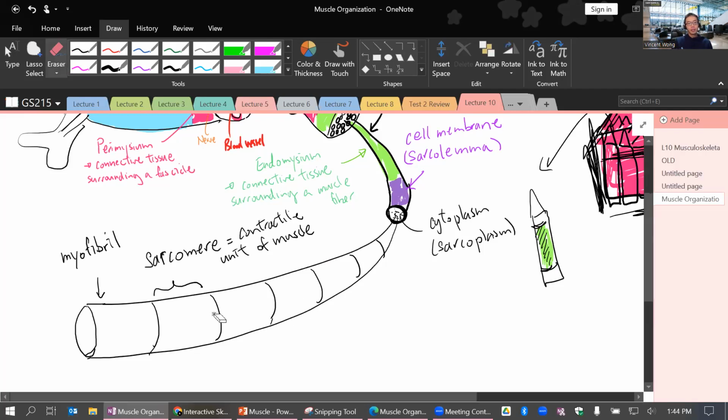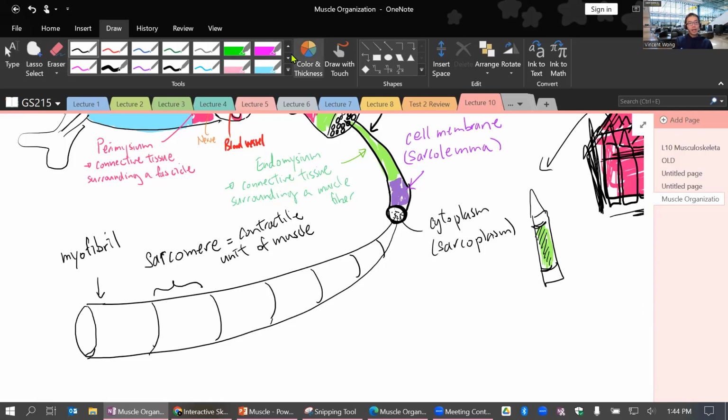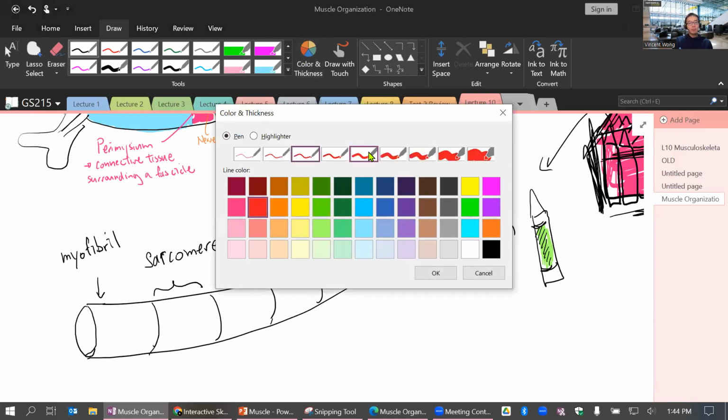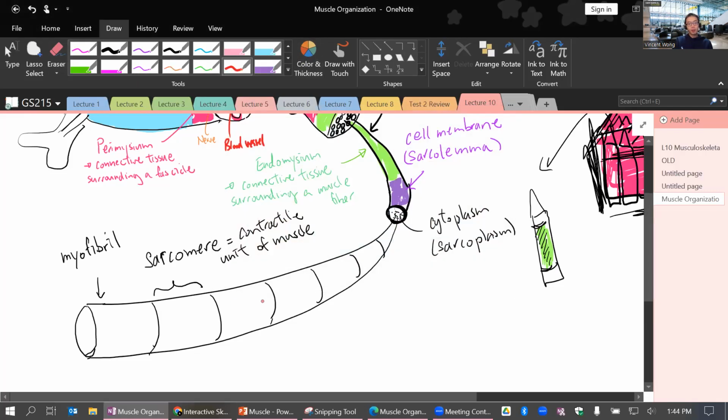So the sarcomere has two key proteins in it, and you might remember learning about some of these before. You have the thick one in the middle. Right here, these are actin.